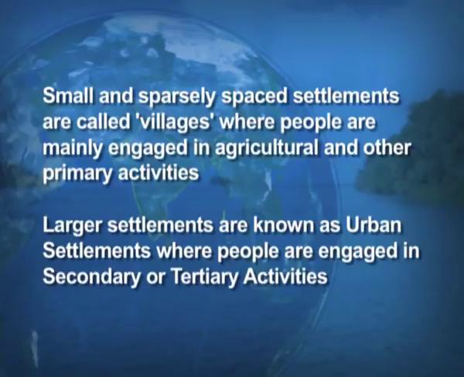And when we talk about large settlements, they are generally urban settlements, where the people are engaged in non-agricultural activities. So, when I say non-agricultural activities, dear children, it can be secondary or tertiary activities.